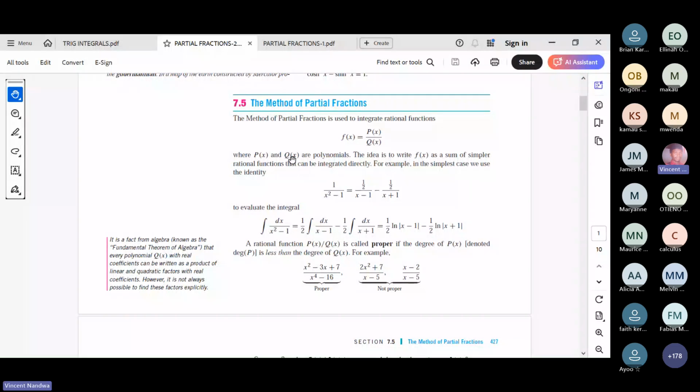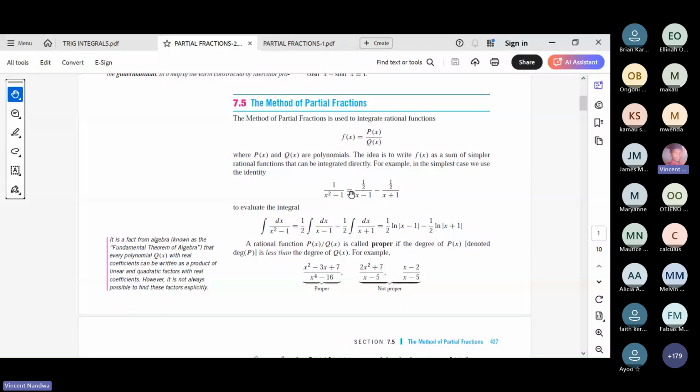So the idea is to re-express a function of the form p over q, when both p and q are polynomials, in such a way that we have a sum of fractional functions whose integral is easier to evaluate using previously discussed methods, like the method of substitution.